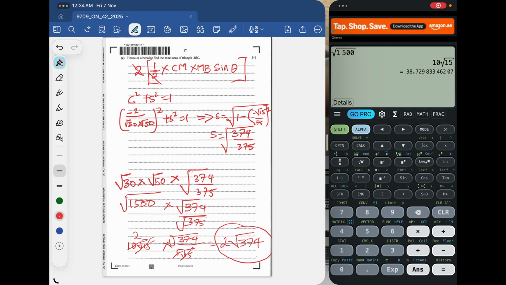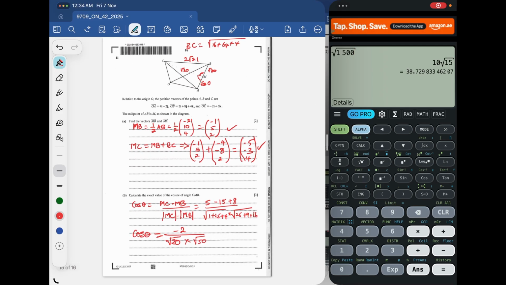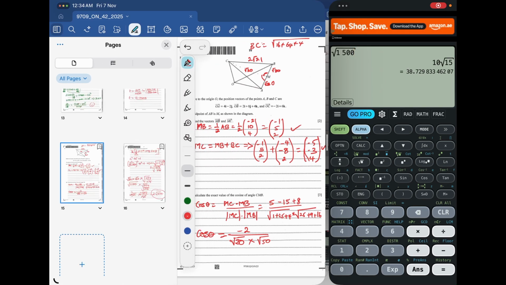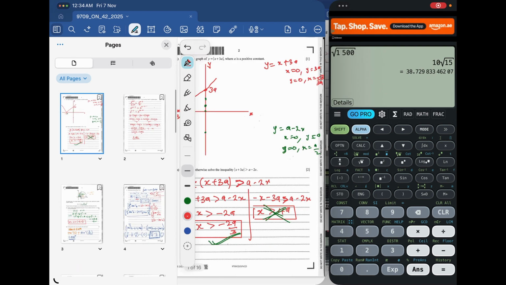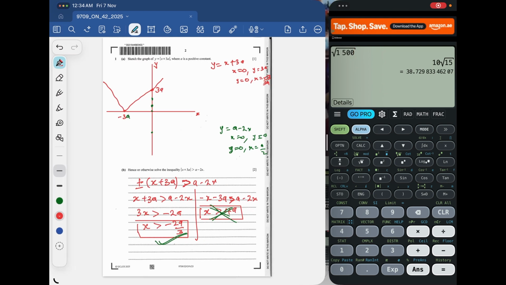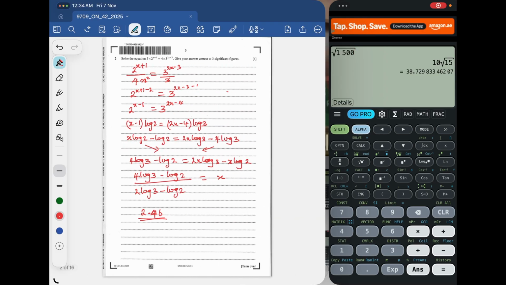So I hope it makes sense to you what we have done. I'll go from the beginning again, and we can see what we have solved. The first question, this is for now, the marking scheme until it comes out, then I will verify to check how many I got. Then we have question 2, which is on logarithms. We solved it, we checked it there.